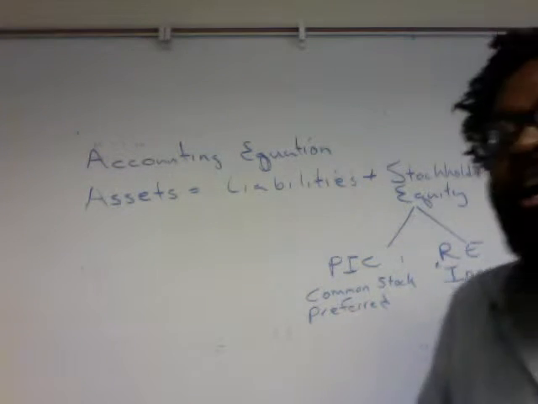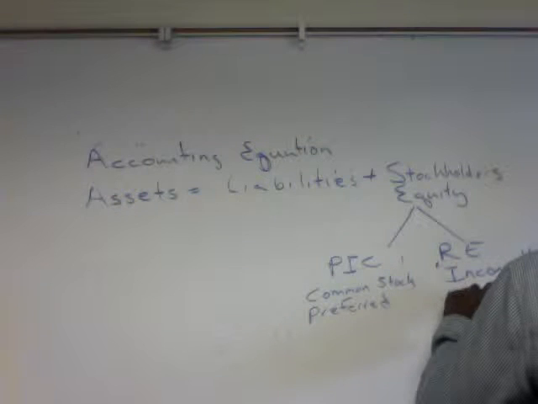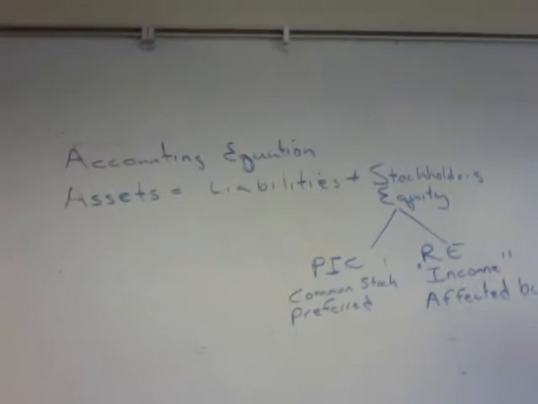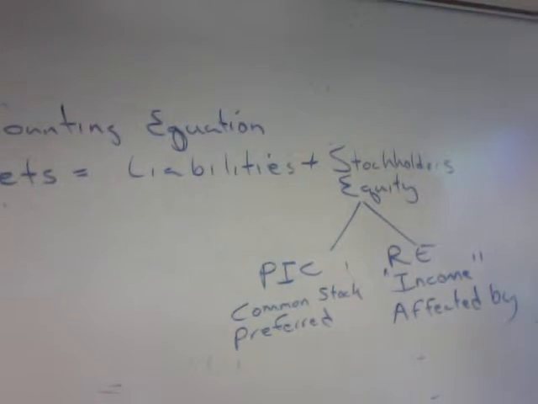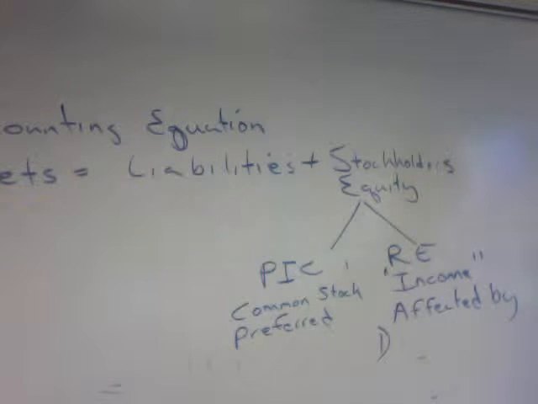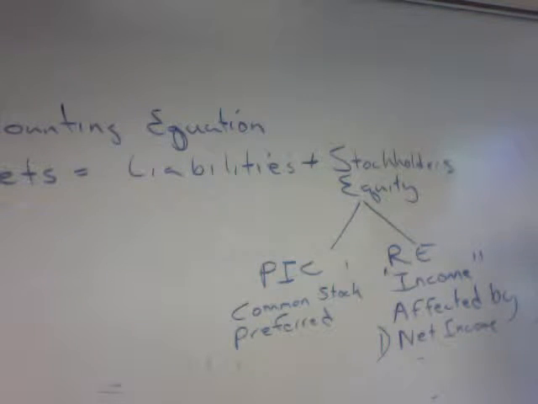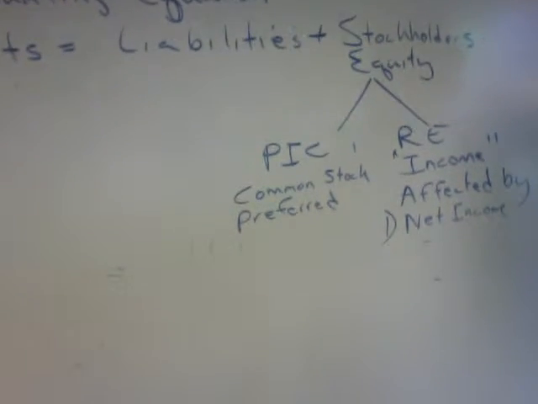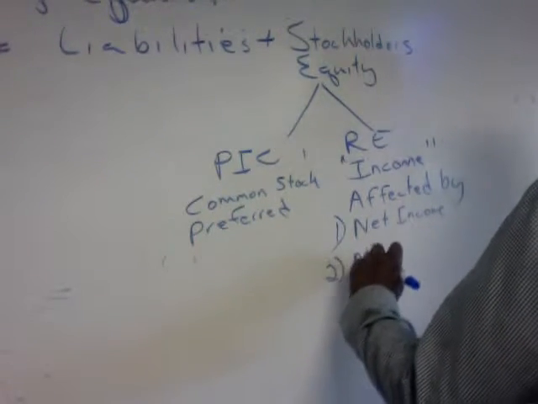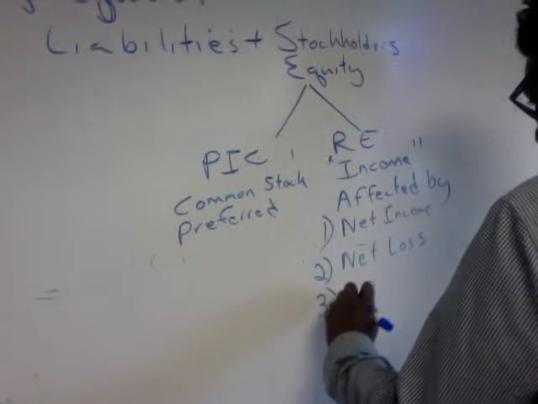There are certain things that affect retained earnings. Retained earnings is affected by three things: net income, net loss, and dividends.